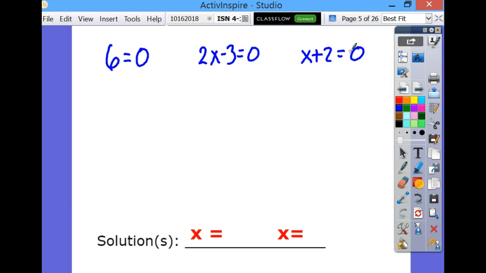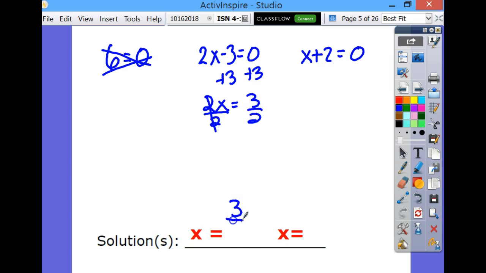Now, is this possible? Can 6 equal 0 in this world? Maybe some other universe, but not in ours. So now I'm down to 2 small equations. Can you solve those 2 small equations? Add 3 to both sides. Divide by 2.